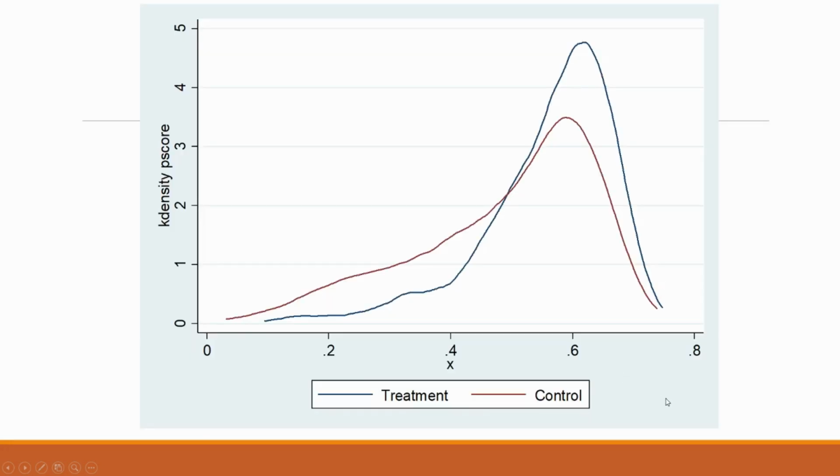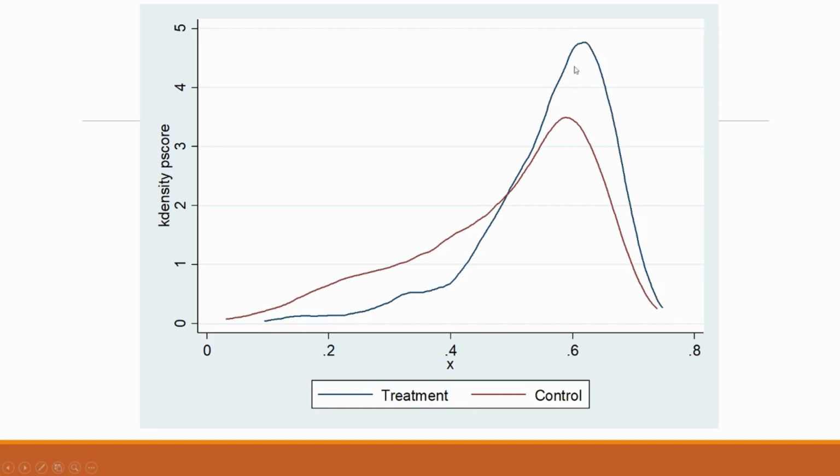All right, now here I'm plotting this out using data from Stata. This would be an example of very strong common support. This red line is an empirical density for the control group, and the blue line is an empirical density for the treatment group.